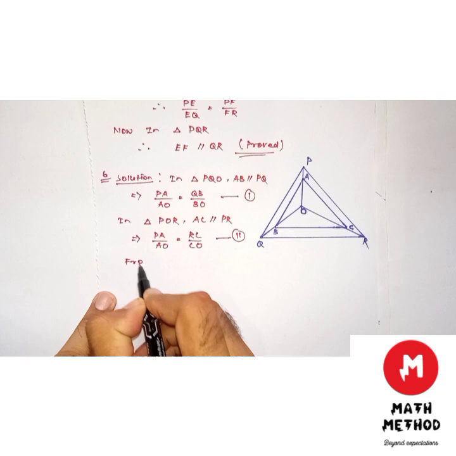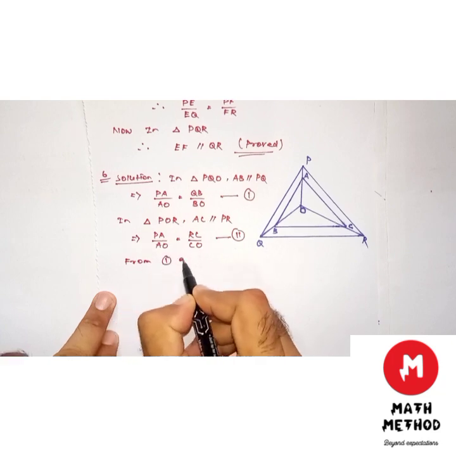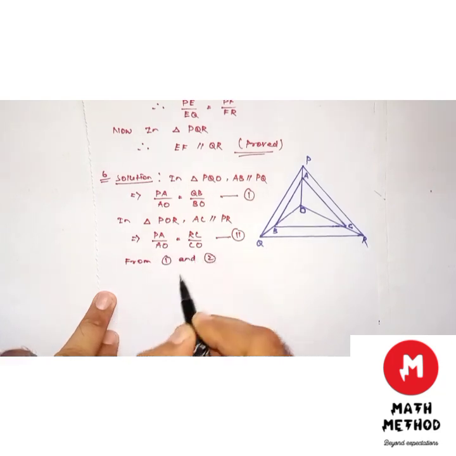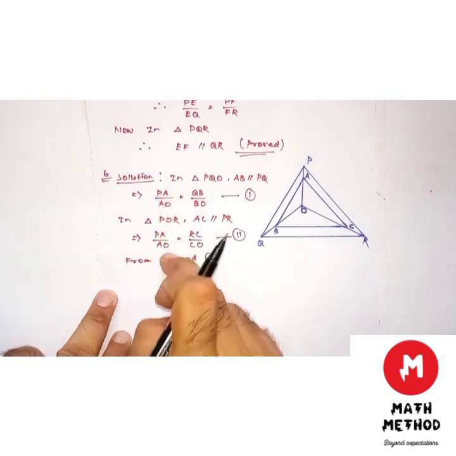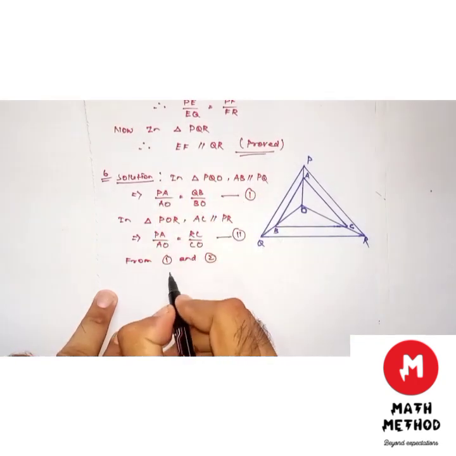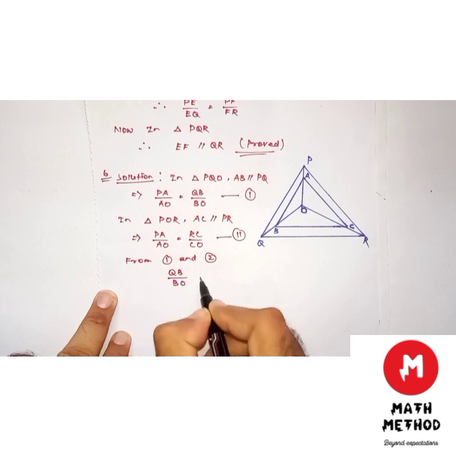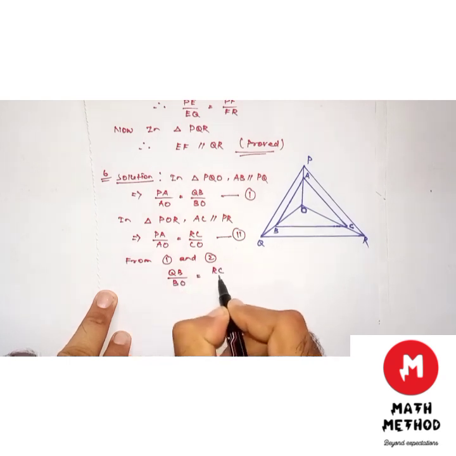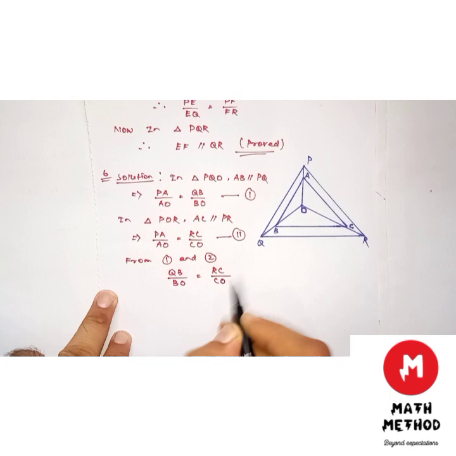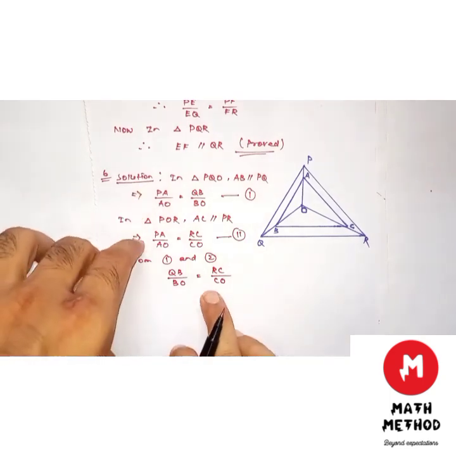Now from 1 and 2 we get both LHS are same, therefore RHS will be same. QB upon BO is equal to RC upon CO. We got it from equation 1 and 2.